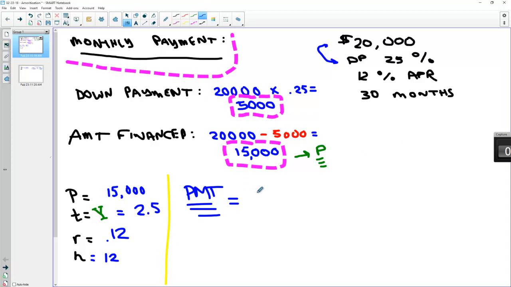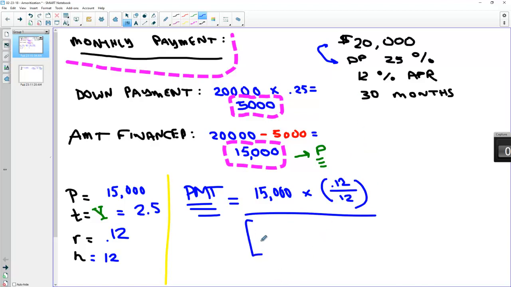The P value is 15,000. You should write this along with me. Times the APR, which is 0.12 divided by 12. They should have made those numbers different, just so you don't get confused.